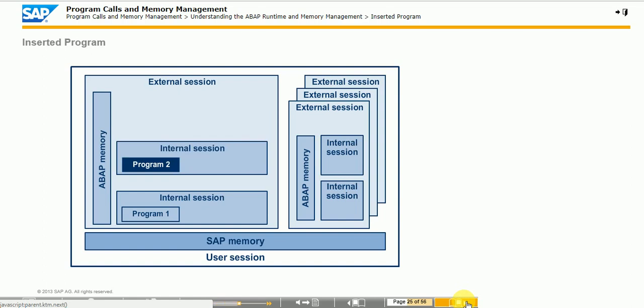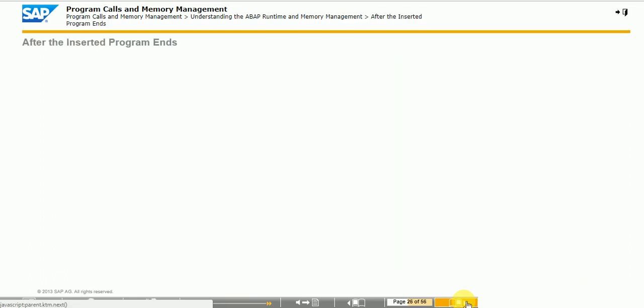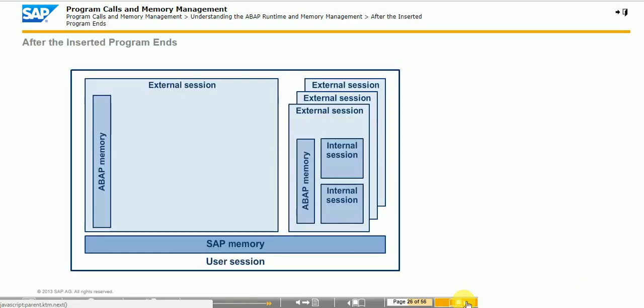The system places the new session in the stack. The program context of the calling program remains in the stack. When the called program is completed, the system deletes the called program's internal session, that is, the top one in the stack. The system then begins processing the next highest internal session in the stack.